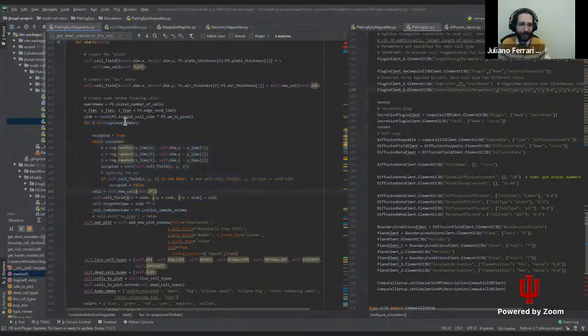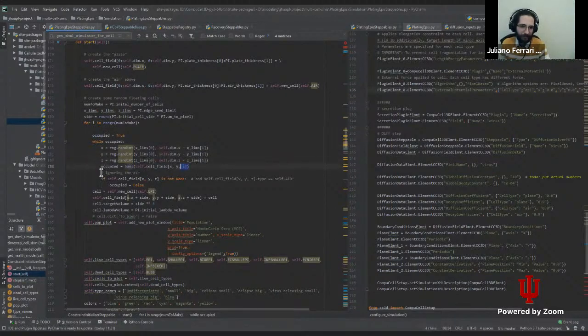Yeah, so here I'm making a number of cells. For each of them, I have a variable that I start as true for occupied. And while the pixel is occupied, I select a random pixel inside of the simulation domain with some leeway on the borders.